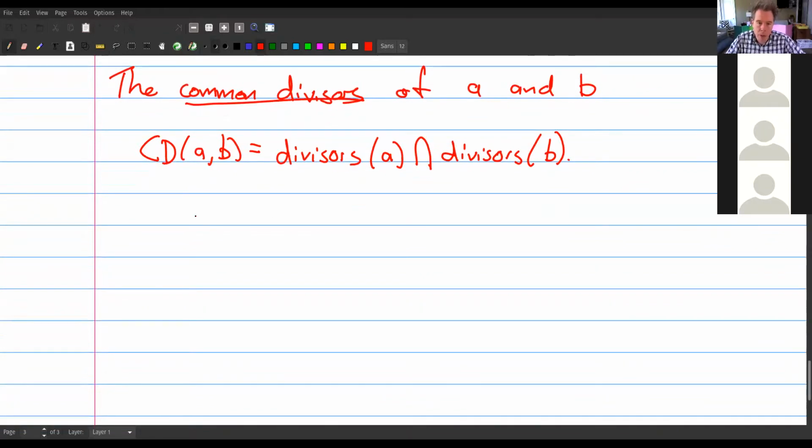So for example, if A is equal to 480 and B is equal to 255, the common divisors of A and B is equal to 1, 3, 5, and 15.